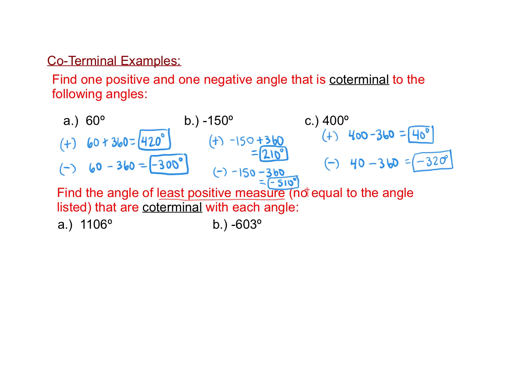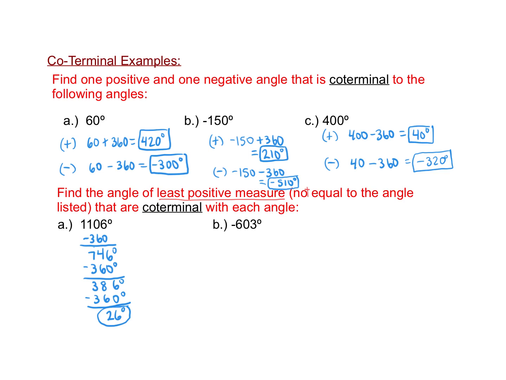So that's what I'm going to do in this case. And as I continue to subtract my 360s, I get myself down to an angle that is 26 degrees. That 26 degrees will be my least positive measure that's coterminal to the 1106 degrees.